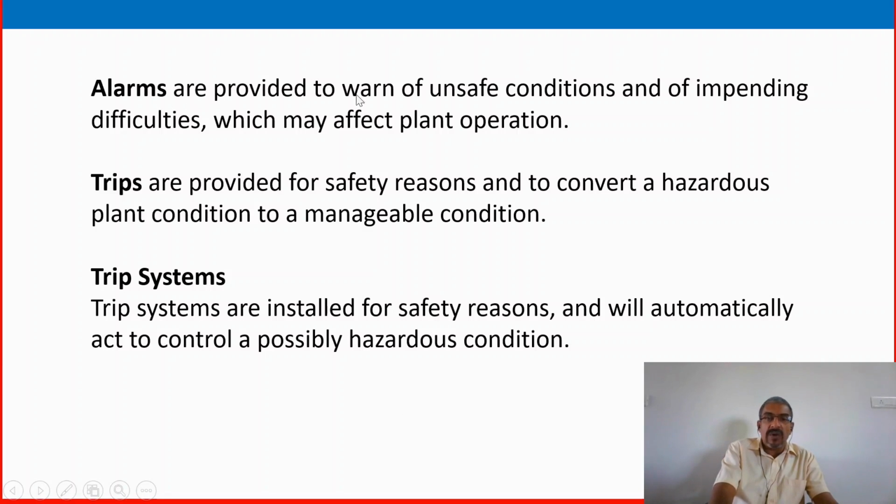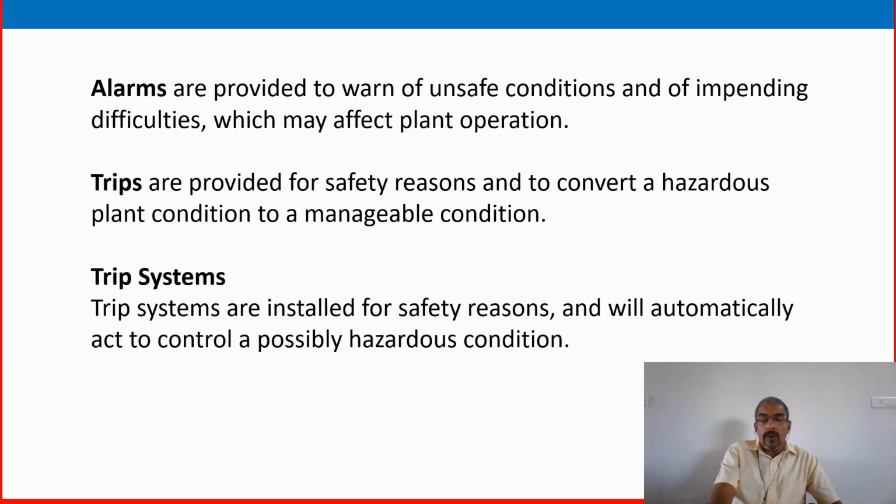Alarms take only one type of action. It is not actually taking action. It only warns, or informs the panel operators, that the condition is deviating from the designed set point within the operating limit, moving away.